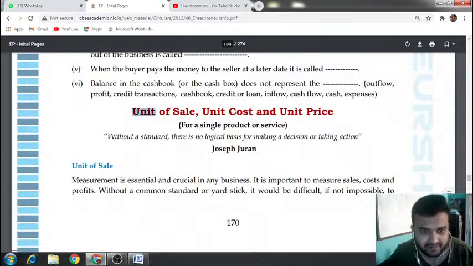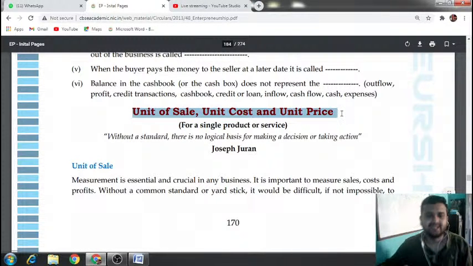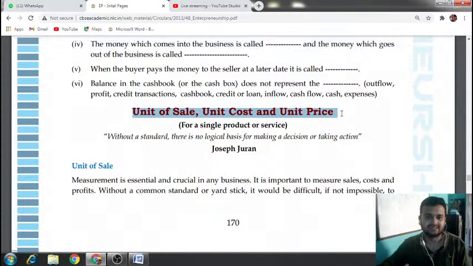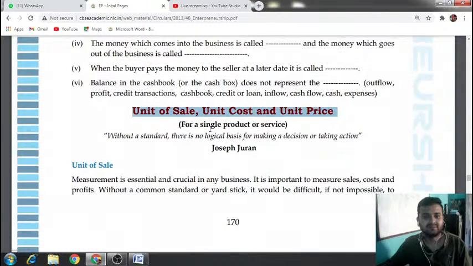Okay, so the first topic is unit sale, unit cost and unit price.